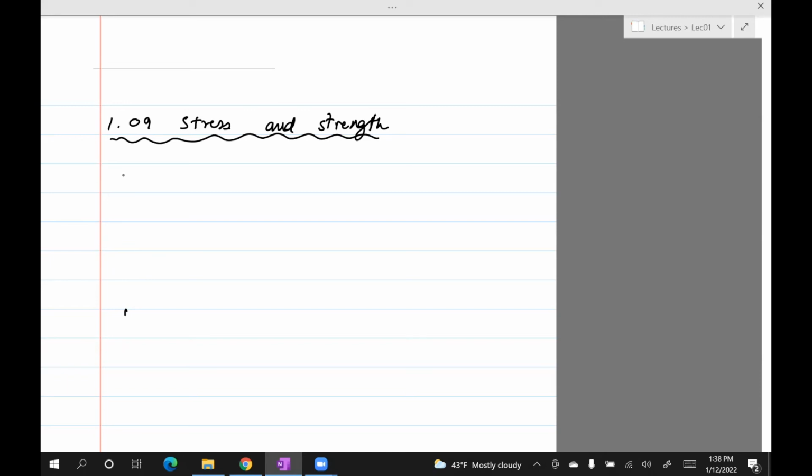So both of them, stress and strength, are pretty much force per unit area.